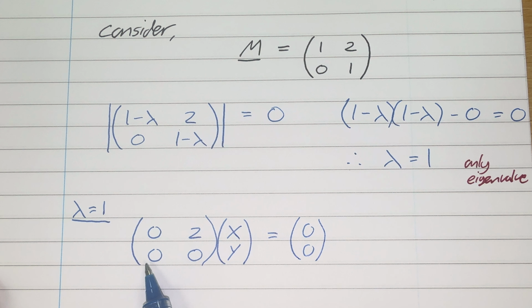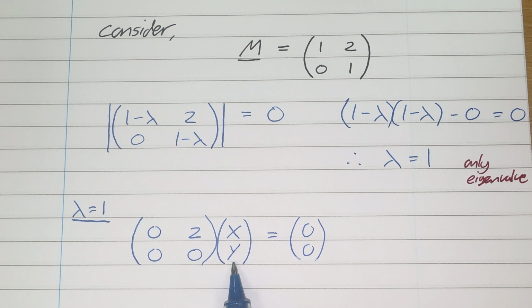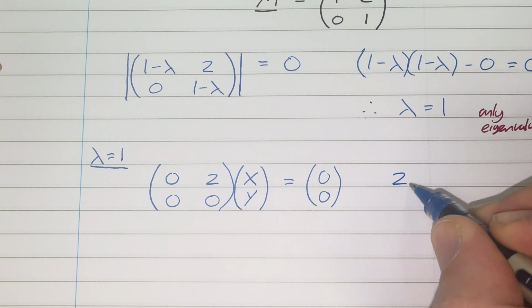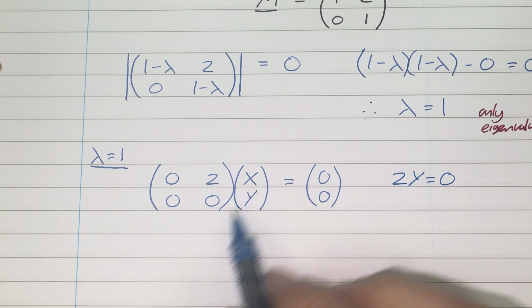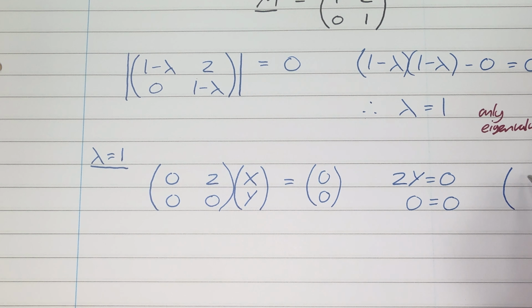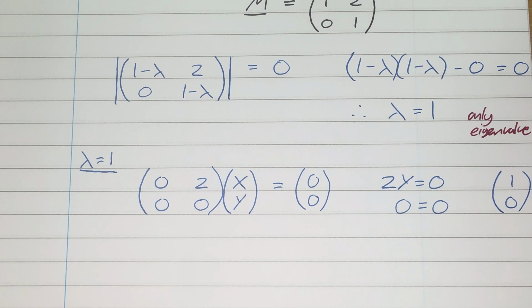So we have matrix subtract lambda I times the eigenvector is equal to the 0 vector. That's going to give us 2y equals 0, and it's going to give us 0 equals 0. So we require y to be 0, and x then can be anything. So 1, 0 is the obvious choice. So 1, 0 is the only eigenvector.